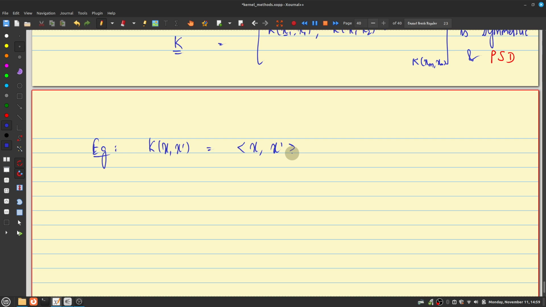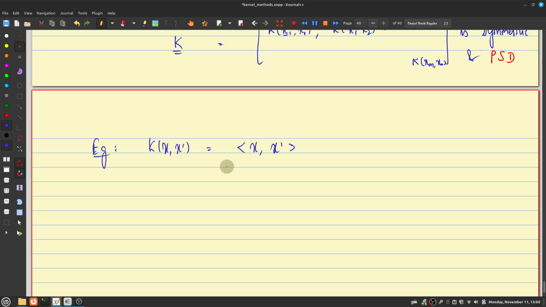What can you say about the gram matrix that's obtained from k of x, x prime? Is this going to be PSD? Firstly, is it symmetric? It's going to be symmetric because k of xi, xj should be equal to k of xj, xi just by symmetry of the inner product.